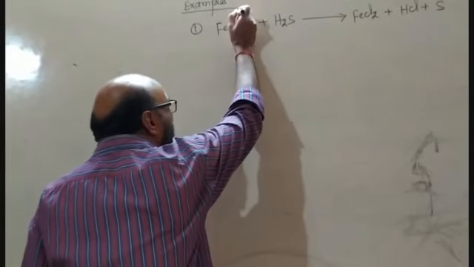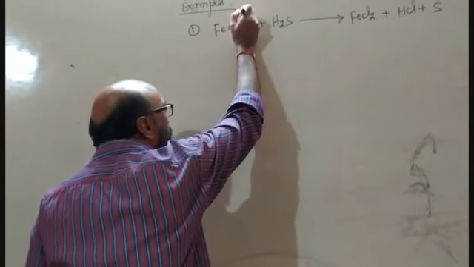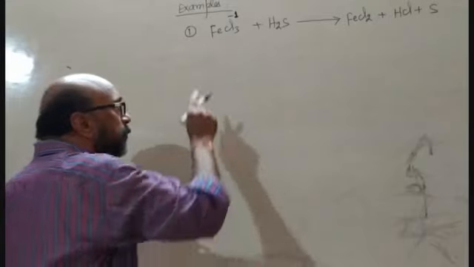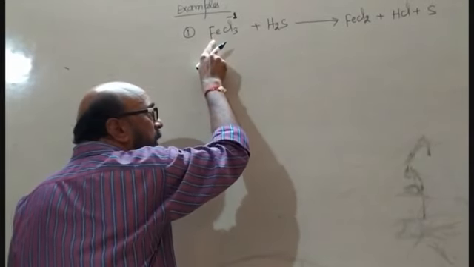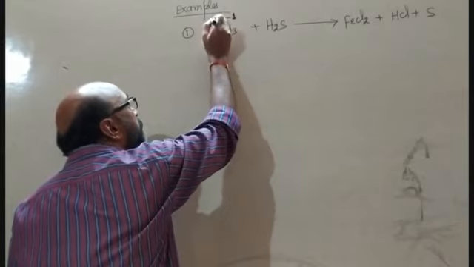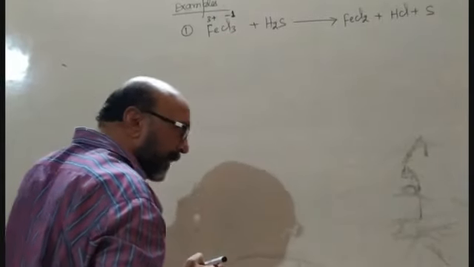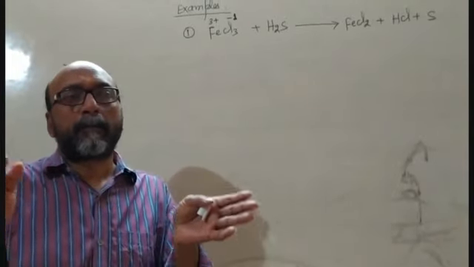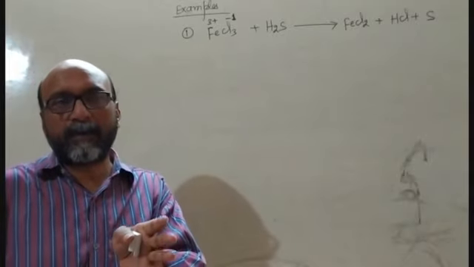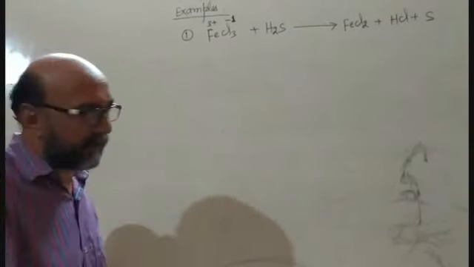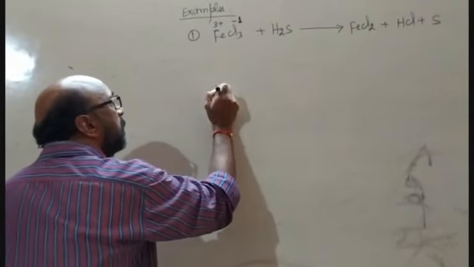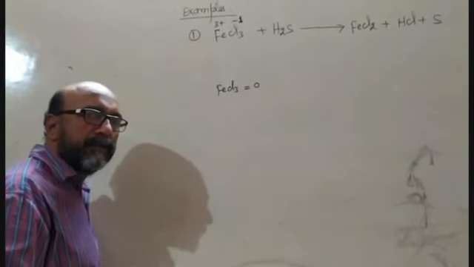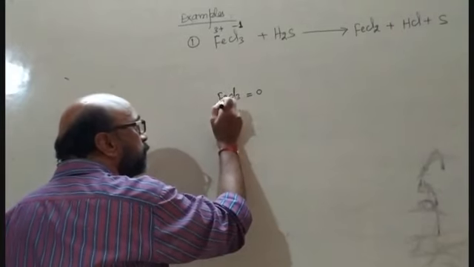Chlorine is a halogen, and in a compound the oxidation state of a halogen is -1. If you calculate the oxidation state of iron here, you will find +3. You may calculate it on the rough paper provided with your answer sheet in the examination. FeCl3 is a compound. The total sum of oxidation states of all elements in a compound is 0.